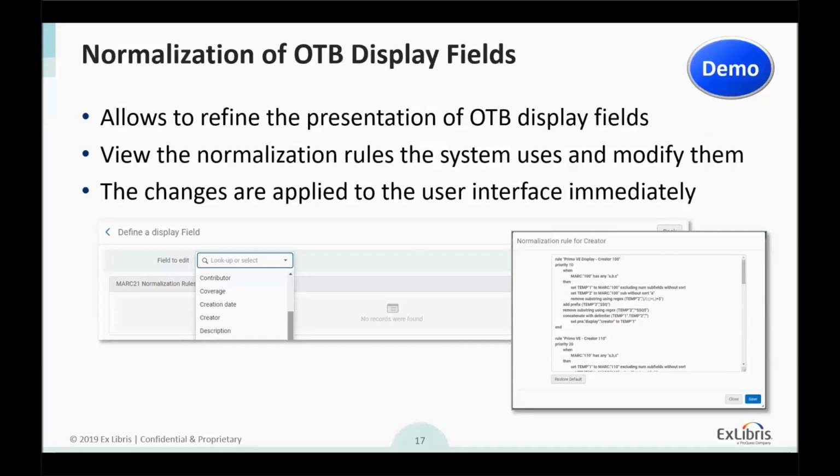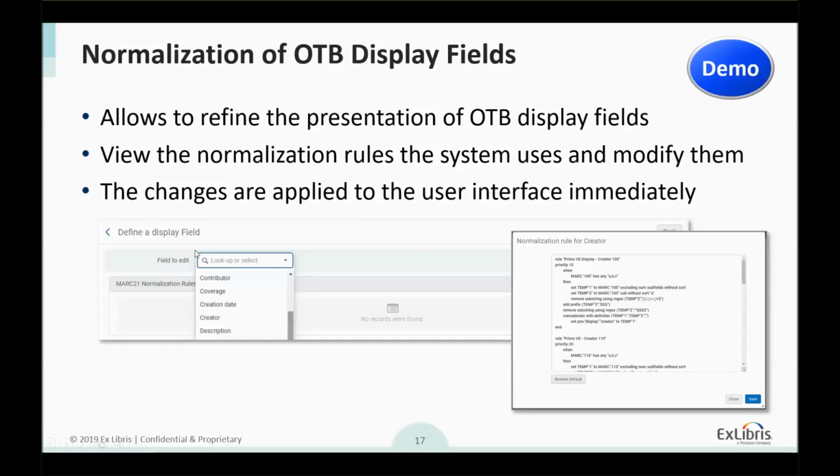And there are scenarios that institutions would like to modify the display of the fields, add more information, remove information, split them into several fields, etc. So we give the ability also to edit the out-of-the-box display fields.